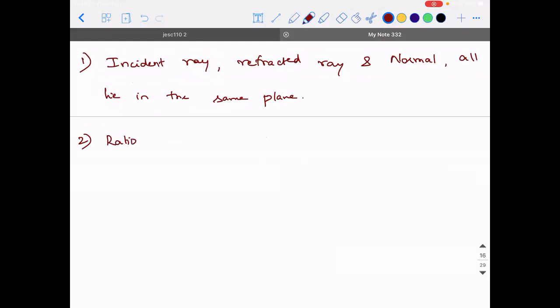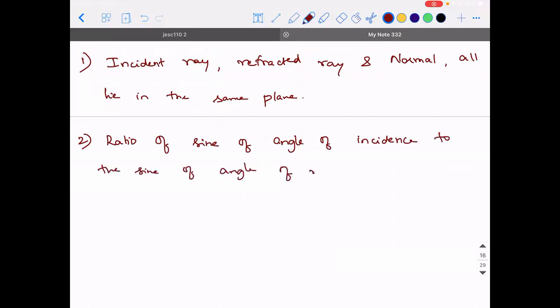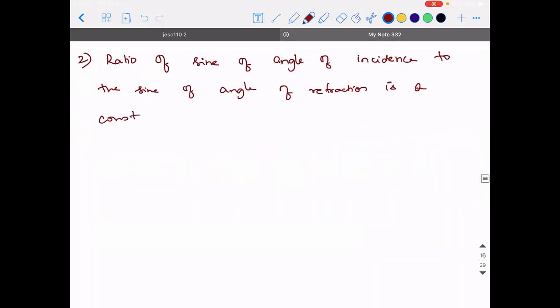Ratio, here it is slightly different. Concentrate, guys. The ratio of sine of angle of incidence to the sine of angle of refraction is a constant named as refractive index.